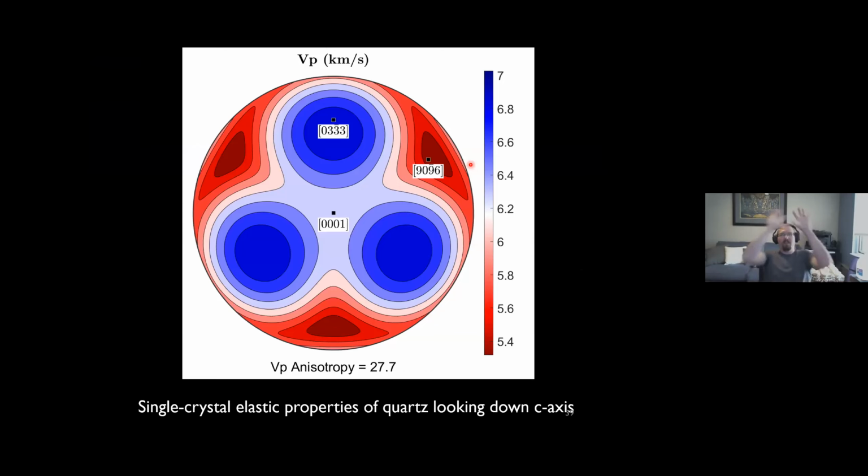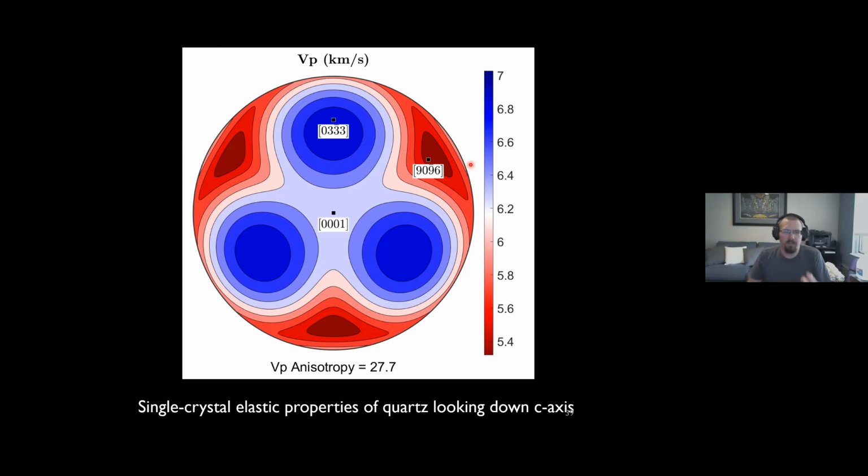So this is another hemispheric projection, but it's not a pole figure. What you're looking at here is straight down the C-axis of a perfect quartz grain, and these are the VPs. This is the speeds, in kilometers per second, of a perfect, theoretical quartz grain based on which way you're trying to go through the crystal structure.